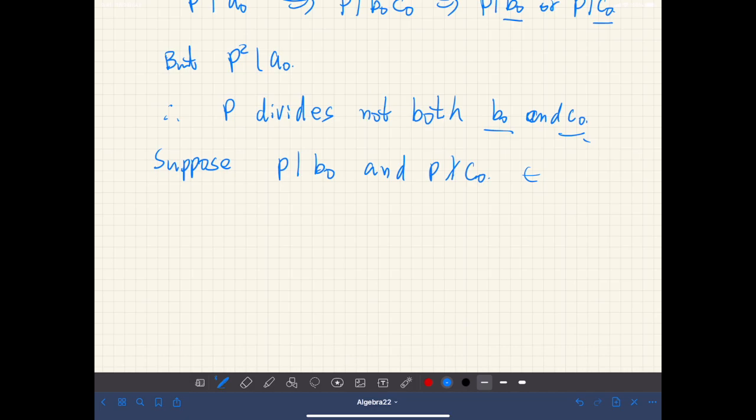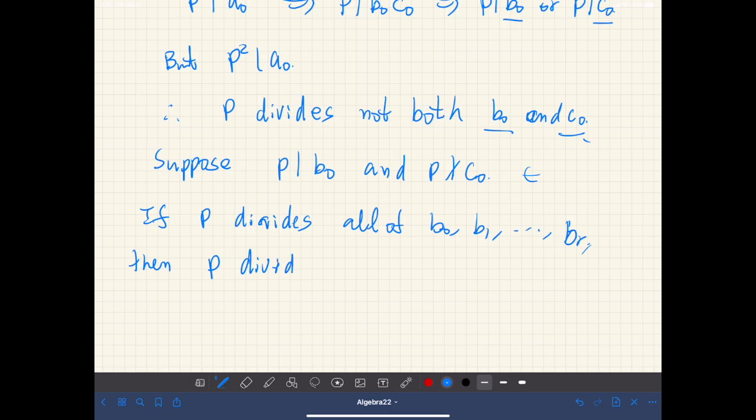and if p divides all of b0, b1 up to br, then this implies p divides all of a0, a1 up to an, because each of these coefficients a0, a1 and so on, they contain at least one of these b's.